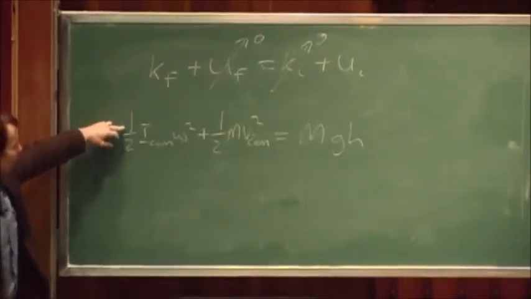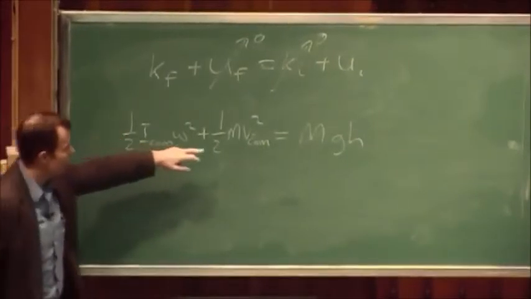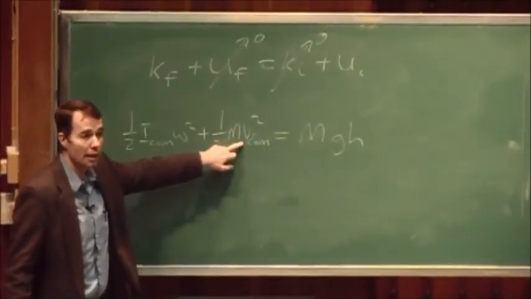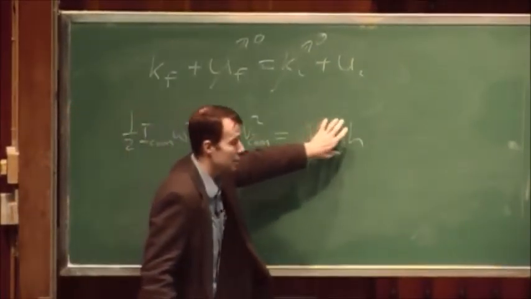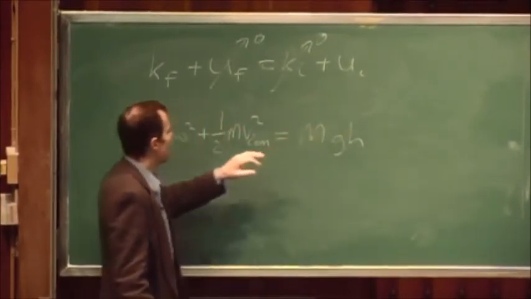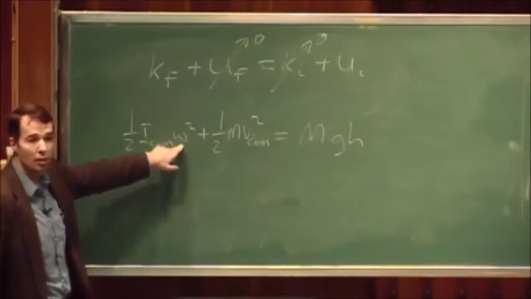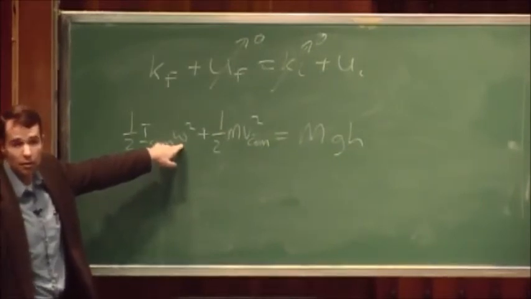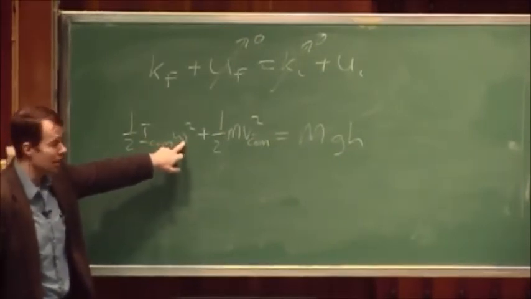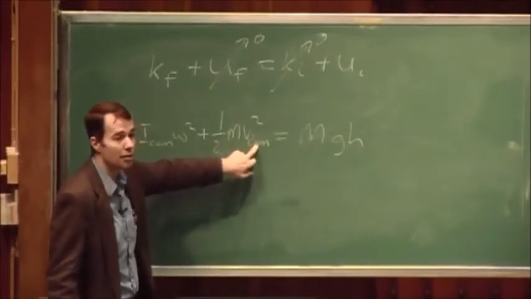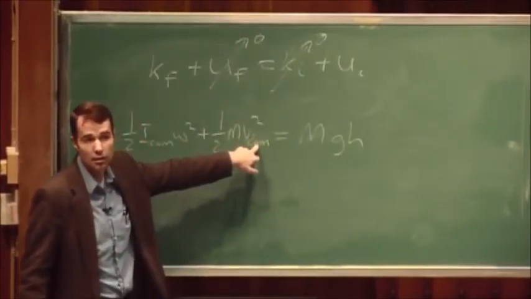The rotational plus translational kinetic energy is equal to the potential energy. Now, are the velocity of the center of mass and the angular velocity related?